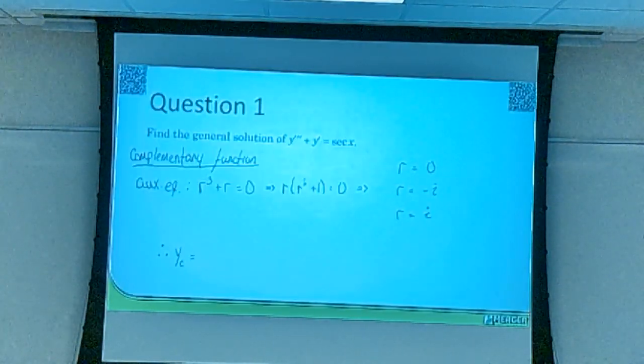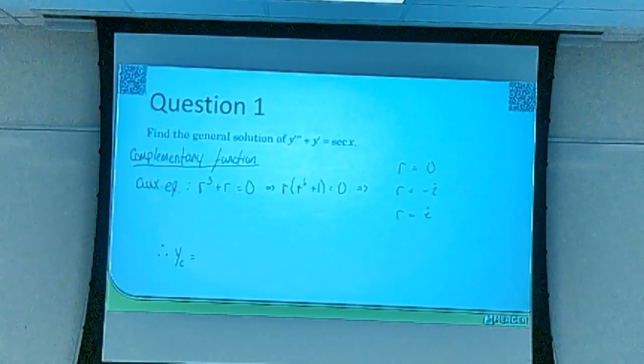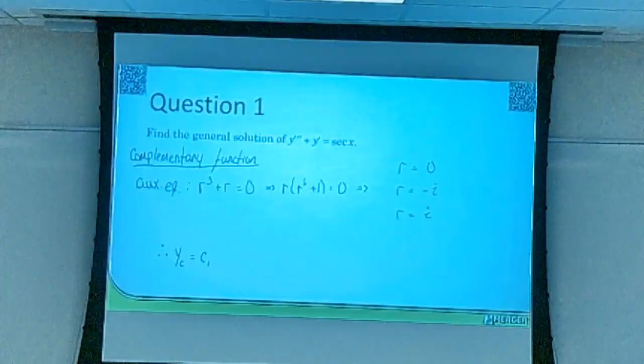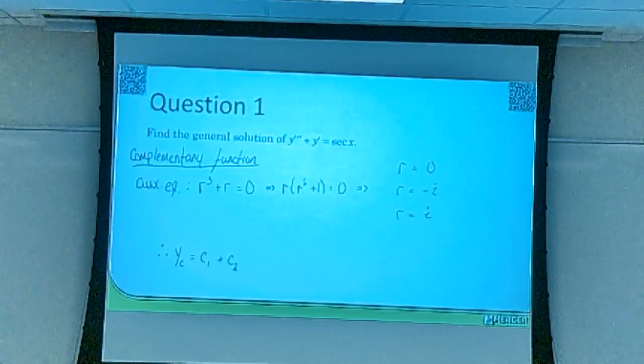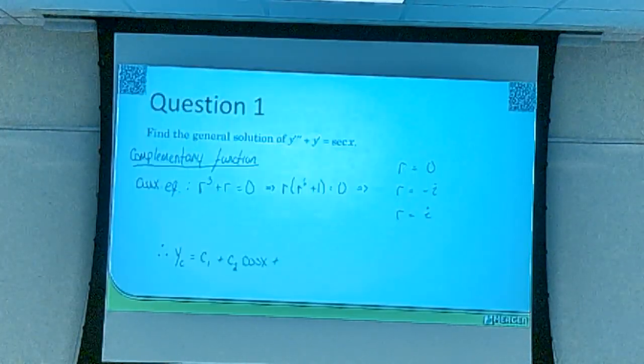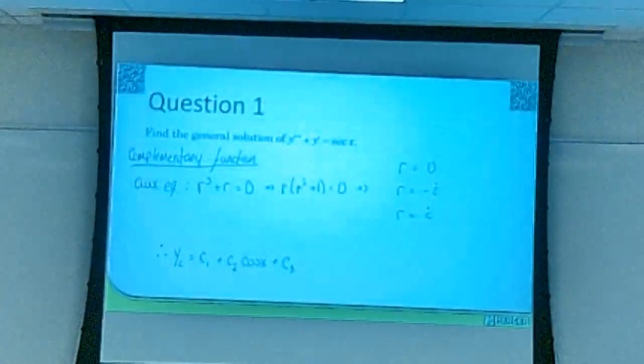What is that complementary function then? C1 e to the 0, which is just C1, plus C2 cosine x, plus C3 sine x. You're not incorrect with e to the i x, but we want a real valued function, not a complex valued one.